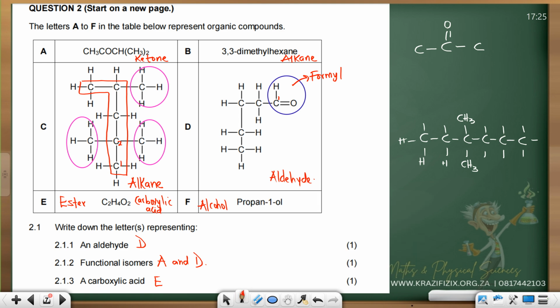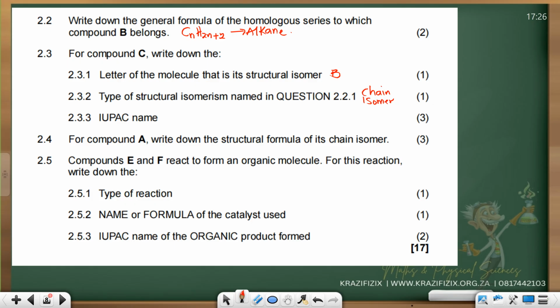Carbon 1, carbon 2. Do you see that these are closest to the end? And I'll show you something that you can also use. So the answer is what? 2,2, because the methyls are on 2. So it's 2,2,4-trimethylpentane. Now, if you find this in a multiple choice, I want to show you something.